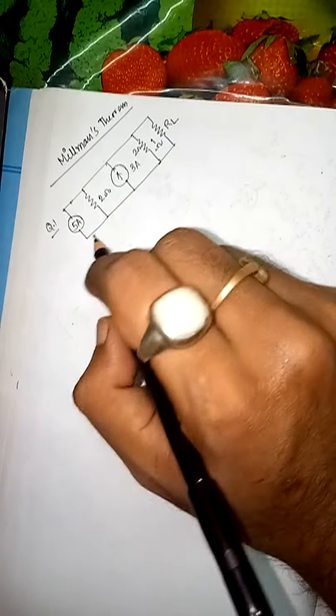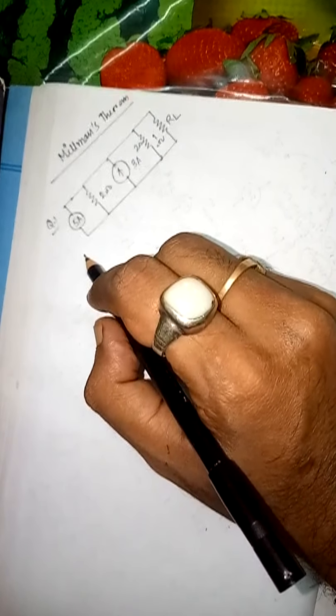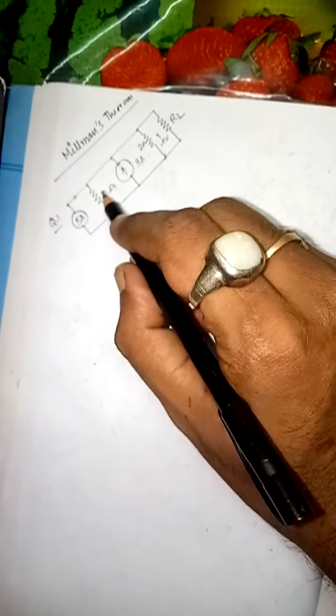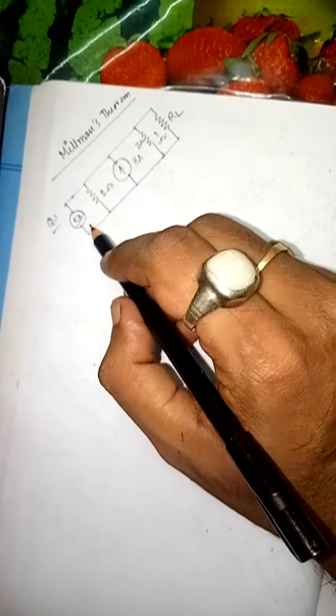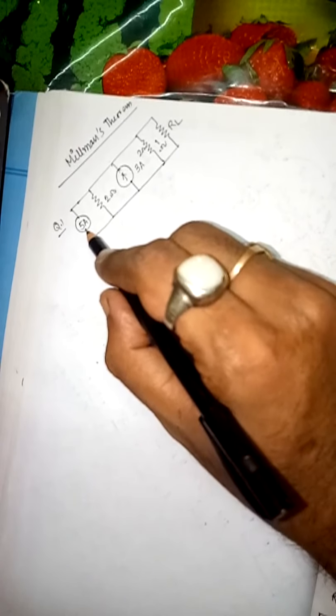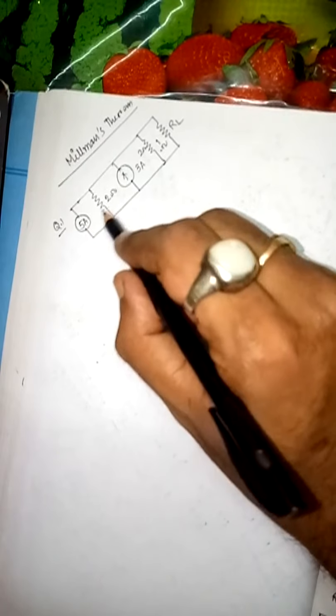So before that, how can I judge this? The process of Millman's theorem is: first of all, you have to change the current source into its equivalent voltage source.